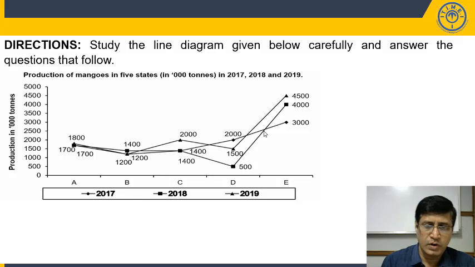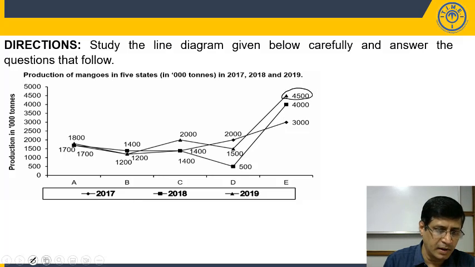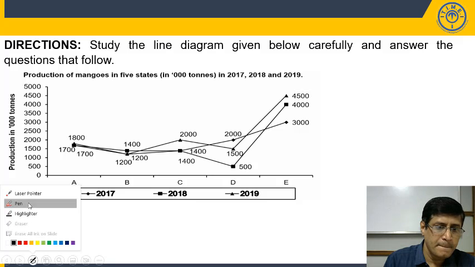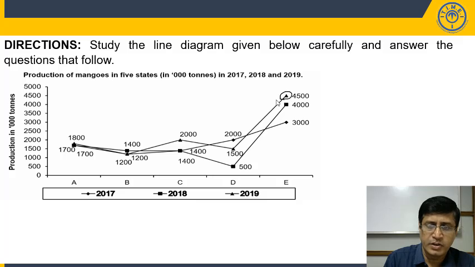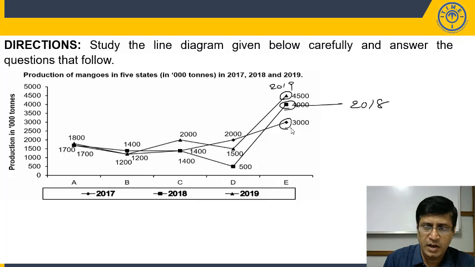If you observe the symbol, just look at the symbol. Now this symbol is for 2019, and this symbol is for 2018, and whereas this is for 2017.